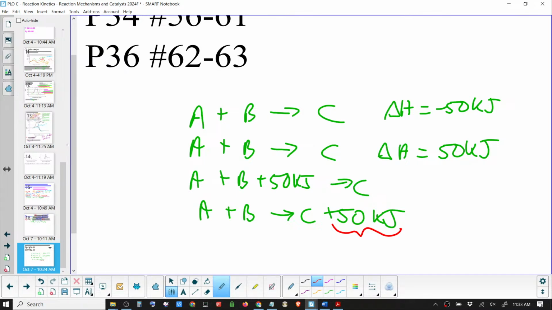So this is an exothermic reaction. So this one would look like this. You should get one. Did you divide? So the delta H goes down. So it would be negative.